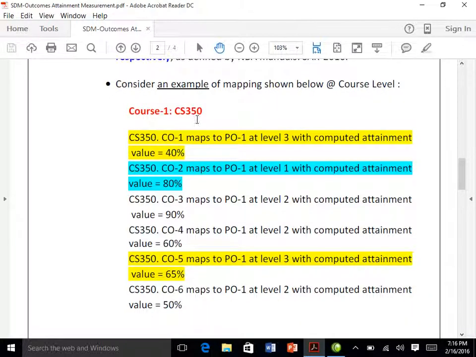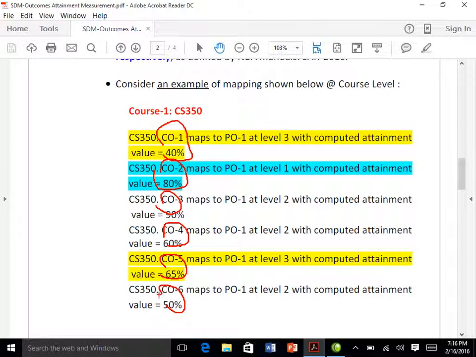The course ID is CS350. Consider that this course has computed an attainment of CO1 at 40%, CO2 at 80%, CO3 90%, CO4 60%, CO5 65%, CO6 50%.